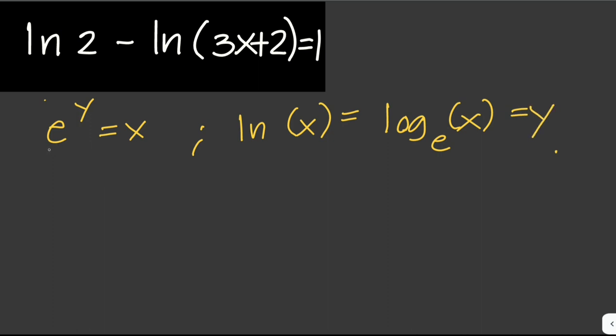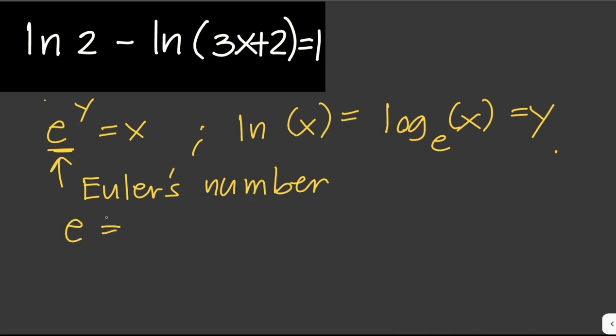So this e here is a constant, and this is called Euler's number. And e has a value of approximately equal to 2.7182818.